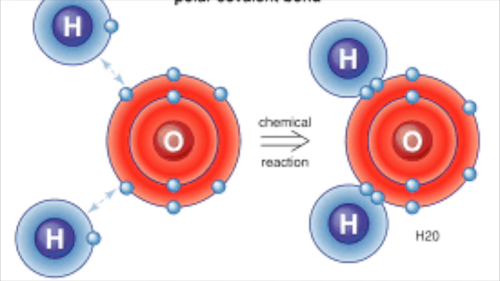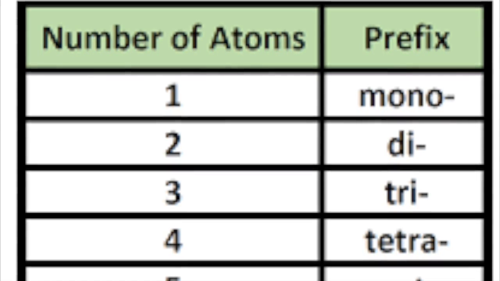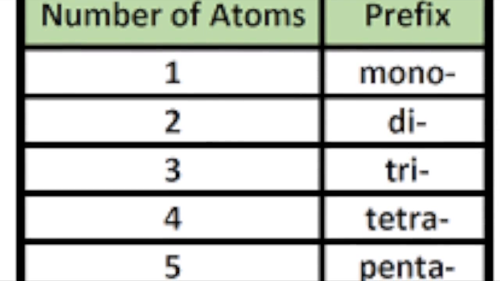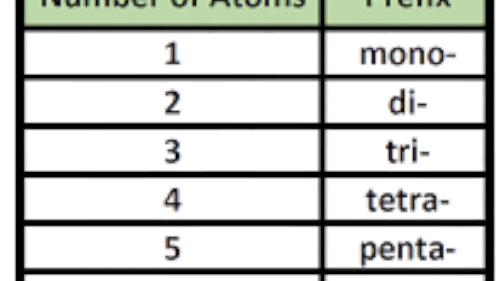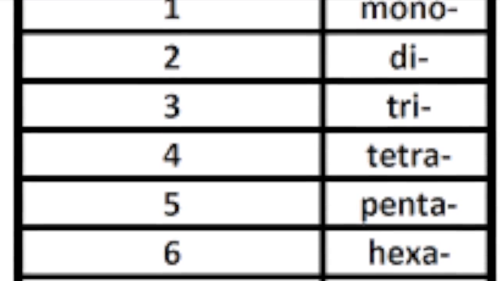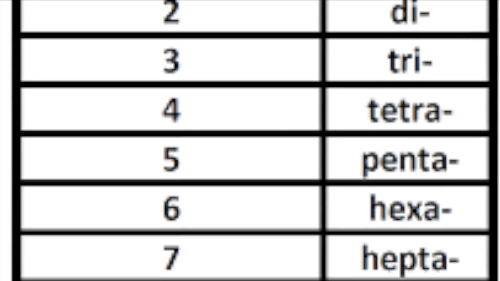There's only 2 elements being used, but there will be 2 hydrogen because the oxygen is 6, actually. It's not 7. But oxygen will connect to 2 hydrogen. And since there's 2 hydrogen, you're going to say dihydrogen. So the number of atoms decides what the prefix is. 1 is mono, 2 di, actually 3 tri, 4 tetra, and so on and so forth.